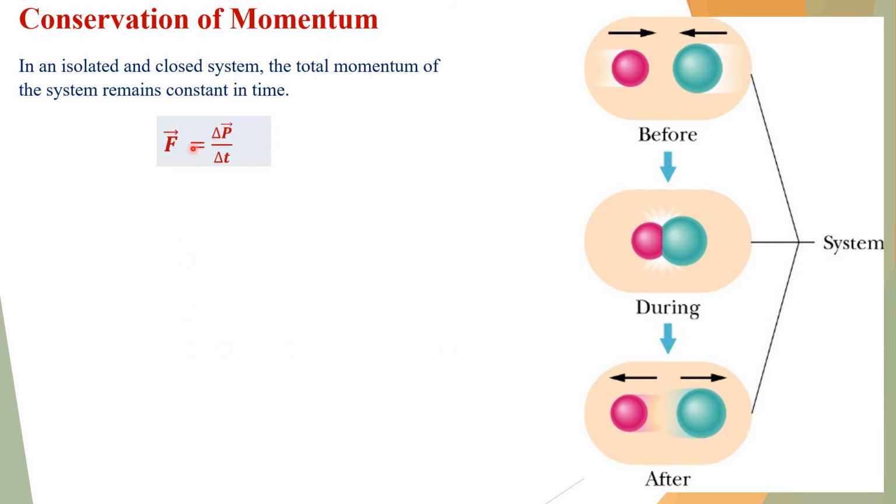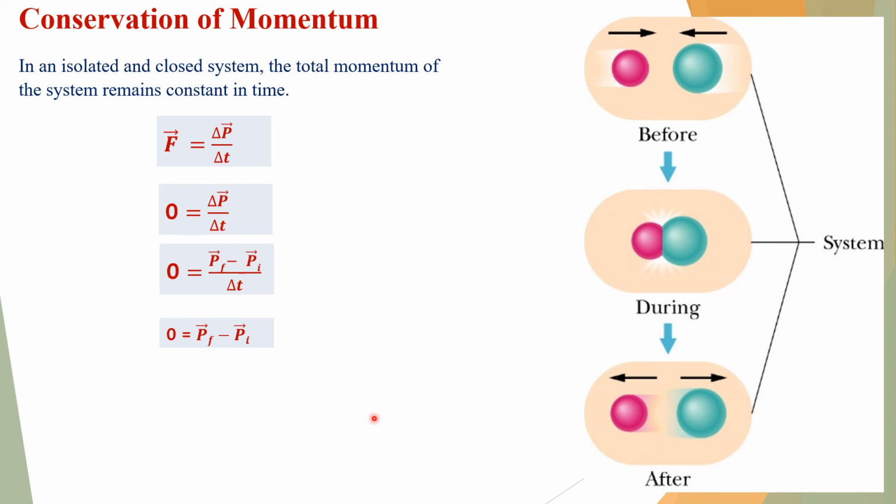We have the formula: rate of change of momentum is equal to force. As we know that the external force is 0 in this isolated system, we can put F external equal to 0. So we can write the change in momentum as final momentum minus initial momentum, and we get Pf minus Pi is equal to 0 because delta t multiplied by 0 is 0.